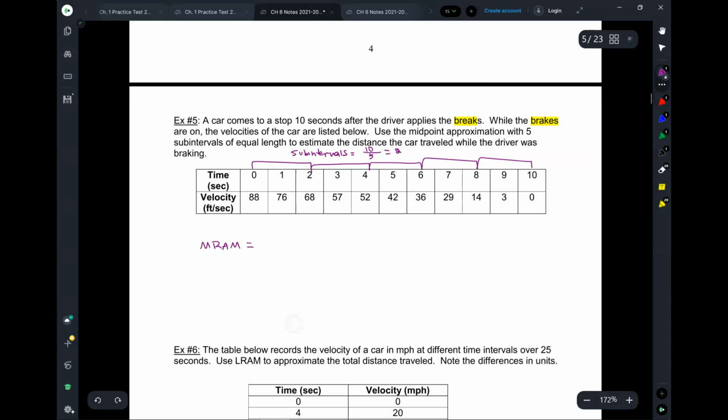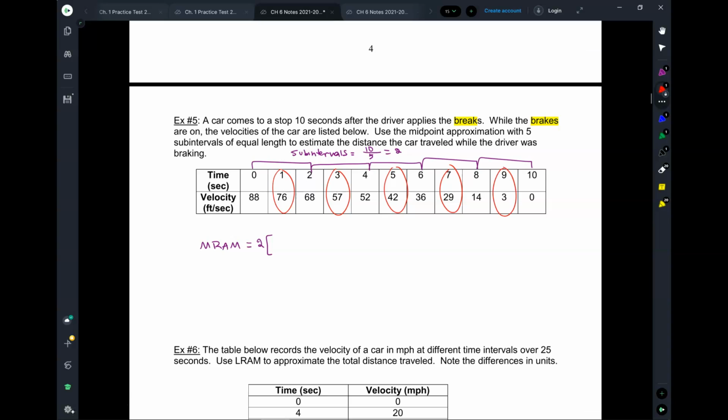Each of these rectangles has a base of 2 times the y value of the midpoints. That means it's this one, this one, this one, and these two.